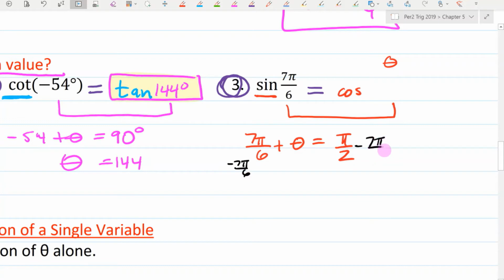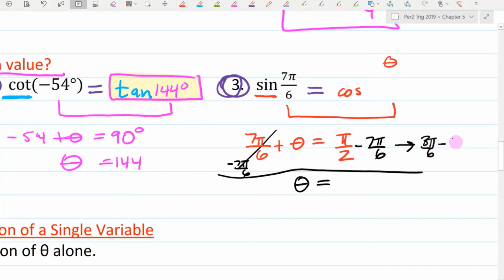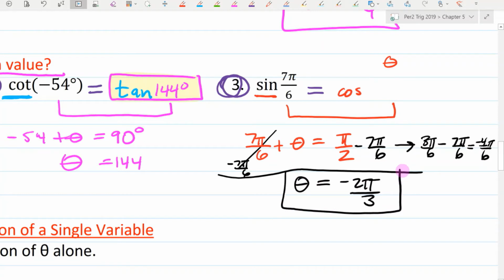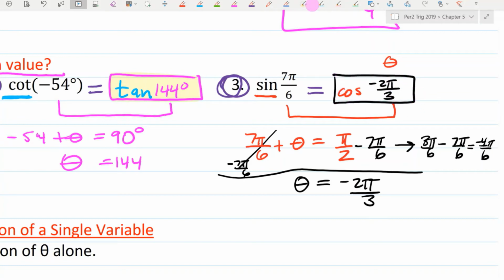So theta will equal, I'm going to make these both into 6, so we'll multiply this by 3 over 3. 3 pi over 6 minus 7 pi over 6 is negative 4 pi over 6. So that's negative 2 pi over 3. So that's theta. But my final answer is here, negative 2 pi over 3. And that's your final answer, is all of that. Okay? All right.